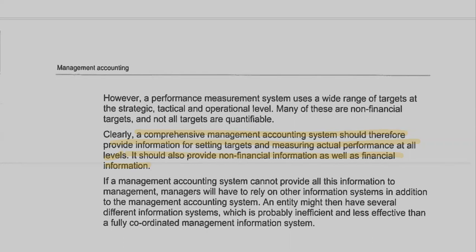So management accounting, that is planning, controlling, and decision making, is to achieve organizational objectives. And to achieve organizational objectives, we need to measure performance. We use various targets from the strategic, tactical, and operational level, and we know that this may be quantifiable information and non-quantifiable information.